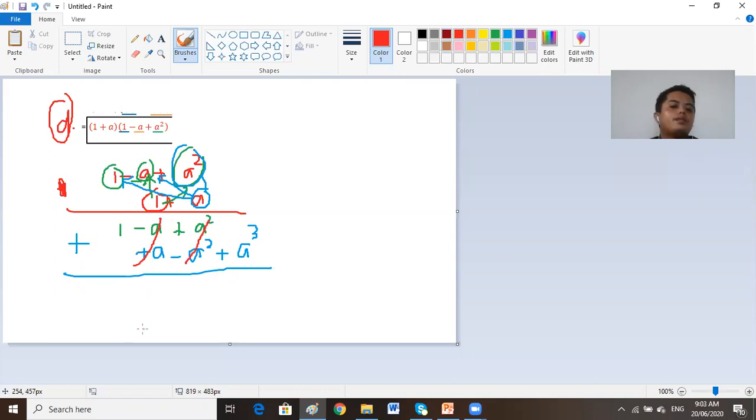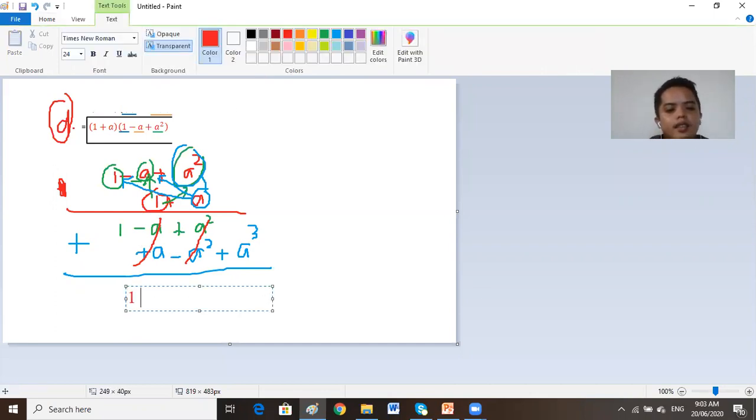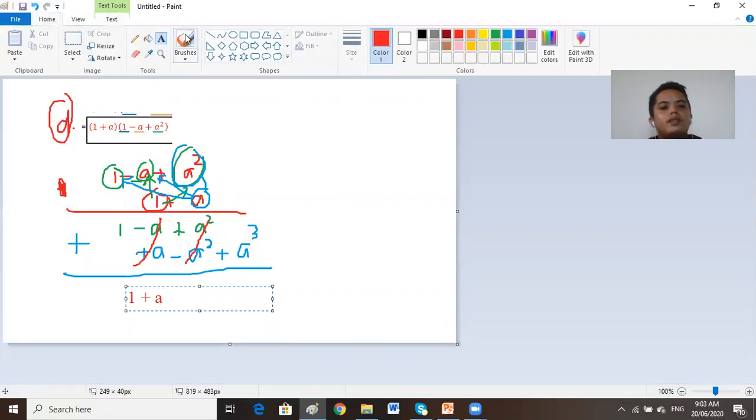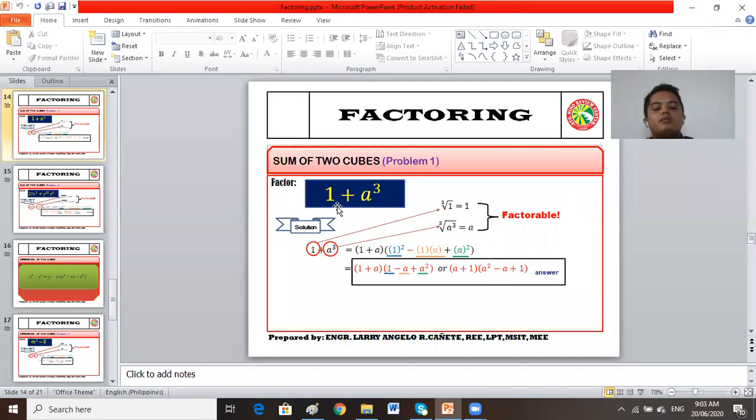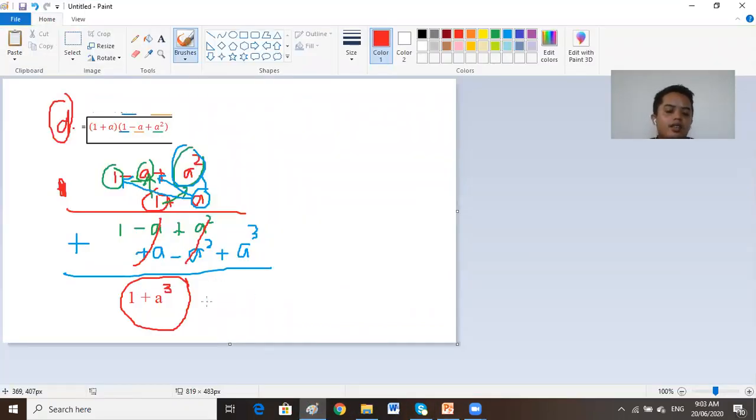Same with this one, 0. So the remaining is only 1 plus a cubed. So as you have noticed, observe the given in the problem: 1 plus a cubed. Since that is the same, then that is the answer. So choice letter D is your answer.